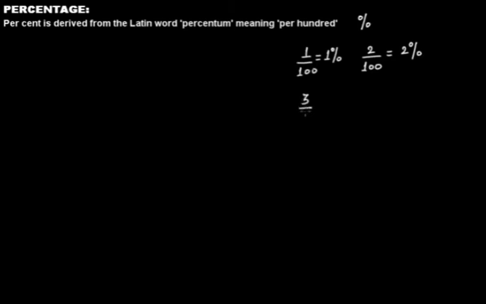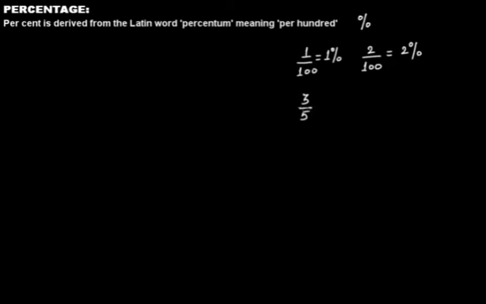Suppose we have a fraction 3 over 5. Can we tell what percentage this is? That's really very simple. You have to remember the concept of equivalent fractions, and I assume that you remember it.